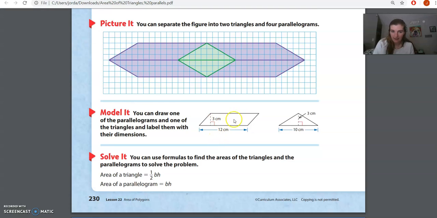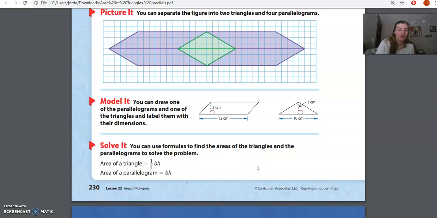So here, the area of this one would be 12 times 3, 36. And the area of a triangle is half that. So 10 times 3, 30. Half of 30, 15.